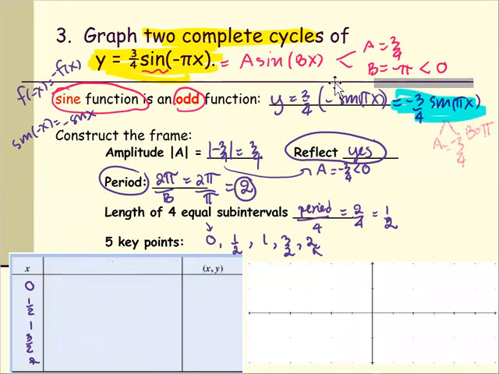The function we use is based on the new form, which is negative 3 over 4 times sine of pi x. To compute it, the coefficient negative 3 over 4 is multiplied by the value from the list of the basic 5 key points.